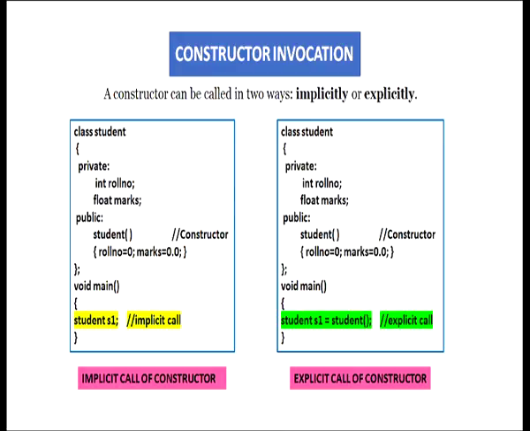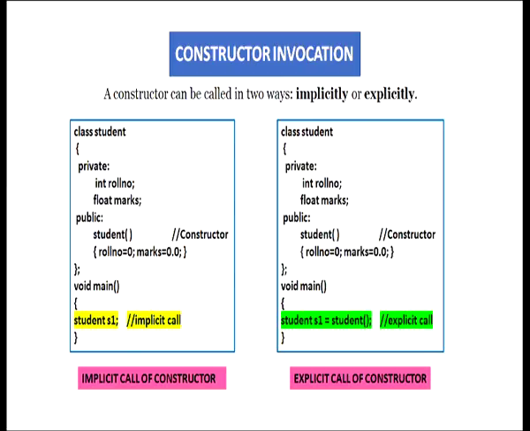Now, let us take another example. Again, we are defining a class student with private data members as roll number and marks, and in the public section we are declaring a constructor student where we are initializing the data members roll number by 0 and marks by 0.0. Now, in the main we give the statement student S1 equal to student followed by a set of parentheses.